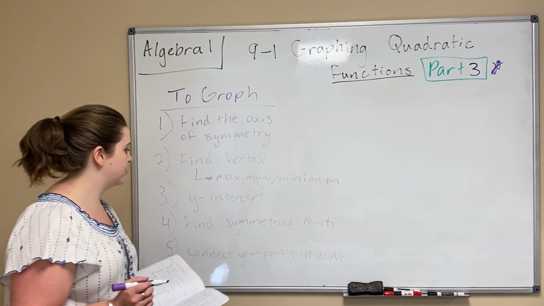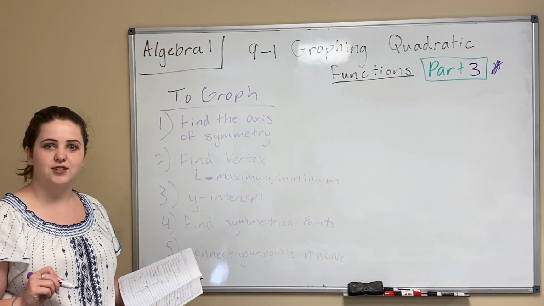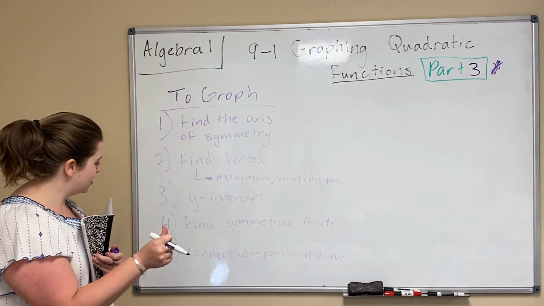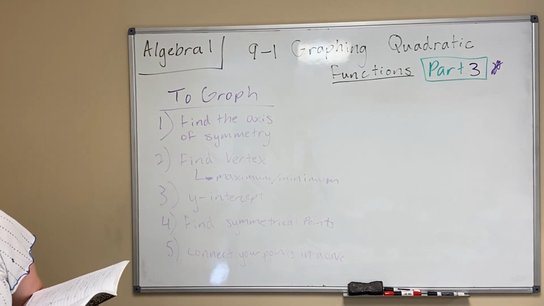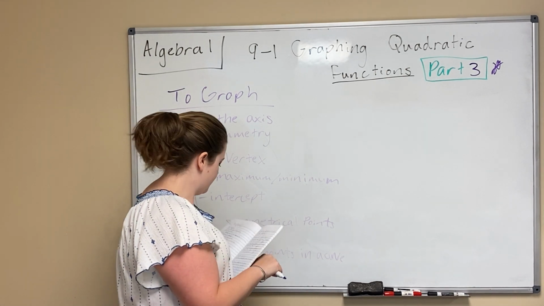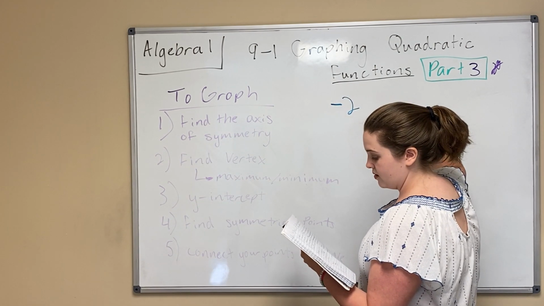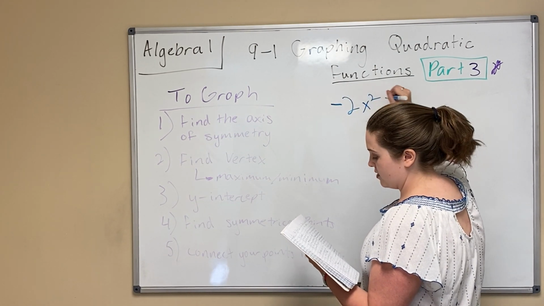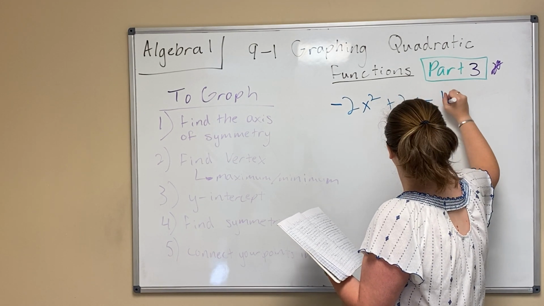Okay, so we're going to jump straight into drawing that and see what it looks like. I'm going to switch colors though, because that purple is fading fast. Okay, so I'm going to give us an example. It's going to look like this: negative 2x squared plus 2x minus 1.